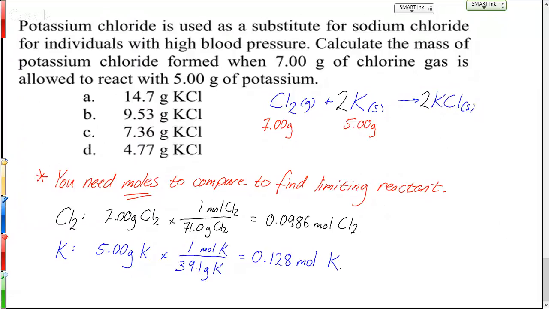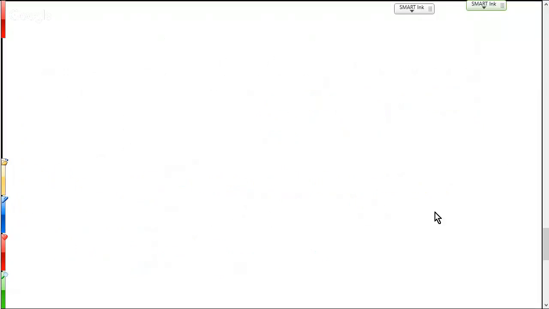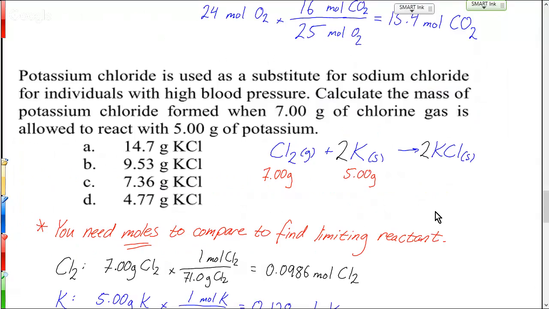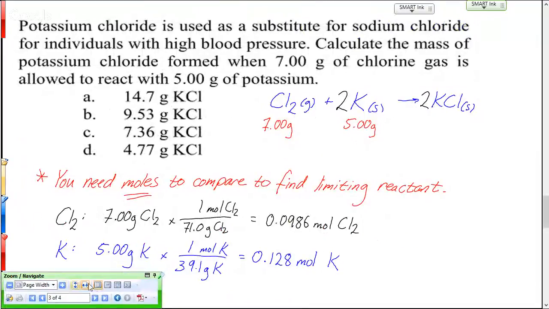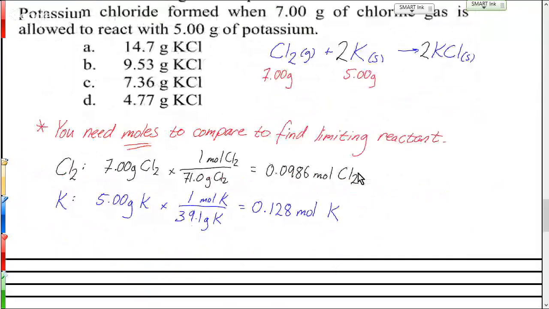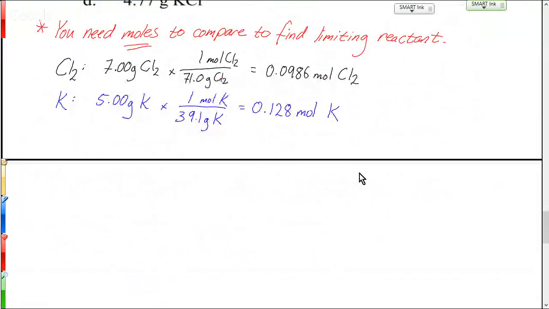So the equation tells us that we need a 1-to-2 ratio, one of these to two of these. So let's try that and see what we've got. Let's say if we take that 0.0986 moles of chlorine, let's see how many potassium we would need for that.